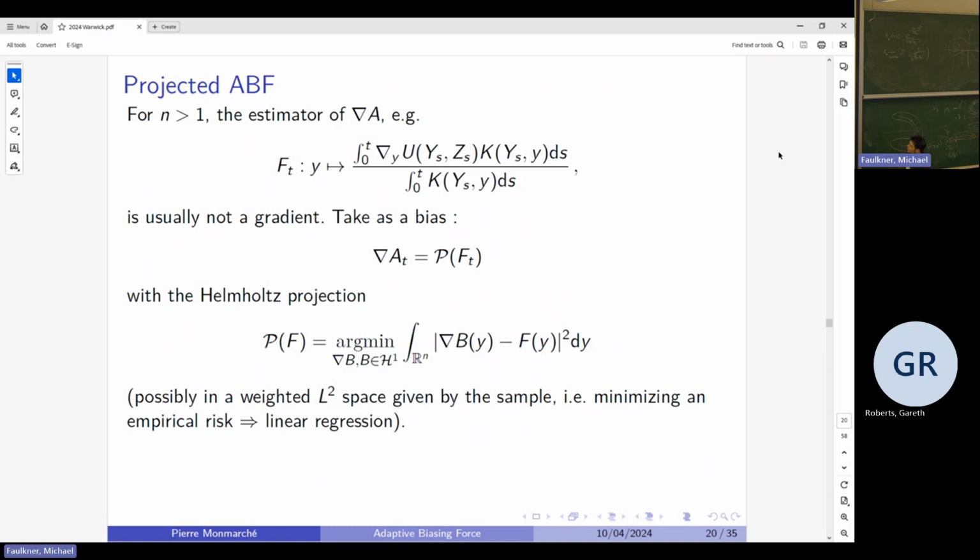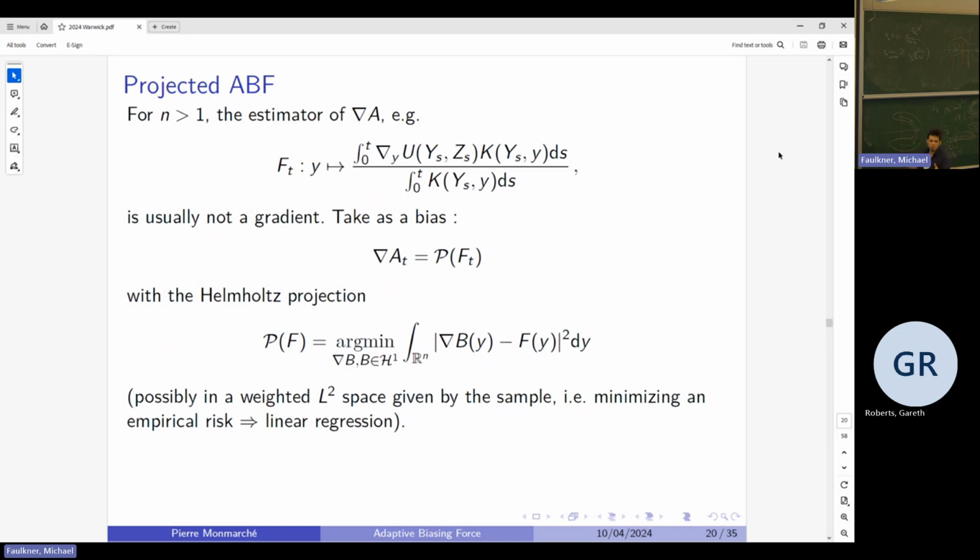This has been done in dimension 2, and it was observed that it was reducing the variance of the estimator, which is to be expected because here you are estimating a vector field, which is a complicated object, and then you are projecting it on a smaller space, which is a space of gradients of functions.